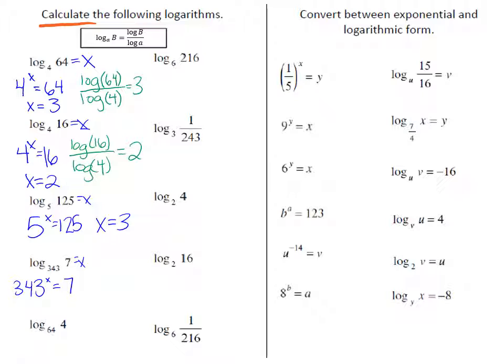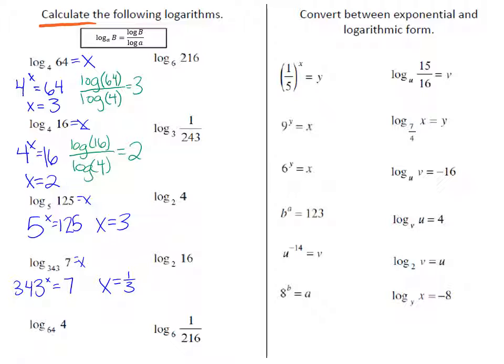Uh-oh, take a look at this one. I went from a big number to a small number. Let's compare the 7 and the 343. I know I can get from 7 to 343 by using an exponent of 3, but I'm going big to small. If I cube rooted 343, that would be 7. Cube root is the same as 1/3, so my exponent is 1/3.